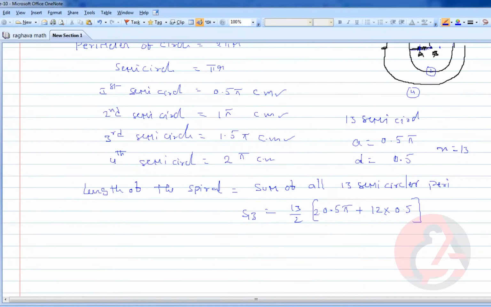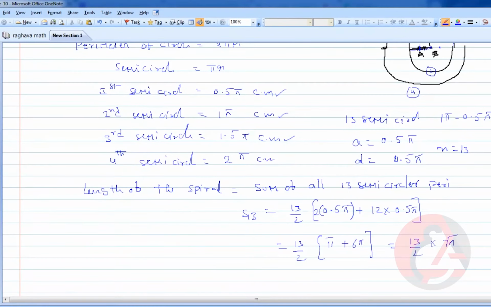So this is 2a. This is 13 by 2 into pi plus 12 into 0.5, which is 6. Sorry, d is 0.5 pi, that is 1 pi minus 0.5 pi. So this is 6 pi. So 13 by 2 into 7 pi.